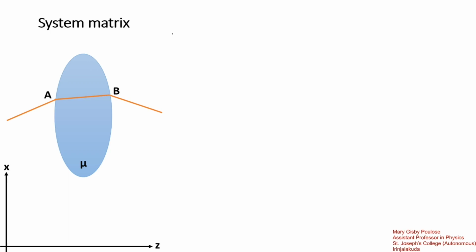So let us represent the incident ray as the ray vector lambda1, x1. At the point A, light undergoes refraction, right?